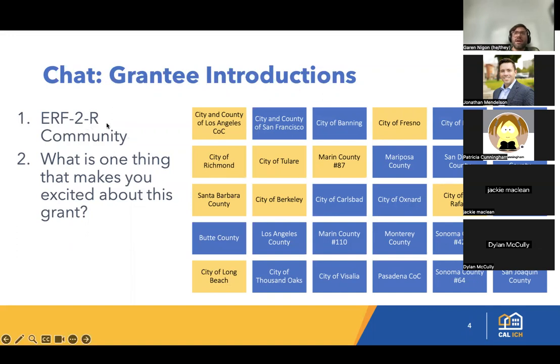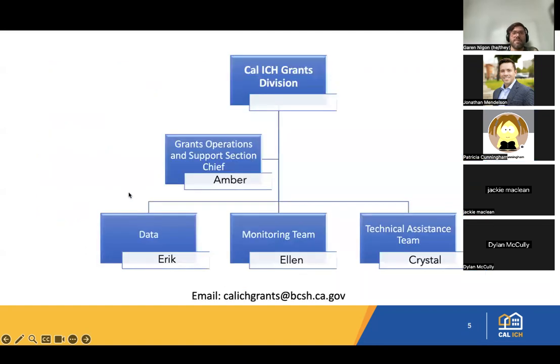Also in yellow, we are thrilled to announce that there are a number of communities that are receiving another round of grant funding through the ERF grant, and those are the folks who are in yellow on the screen here. So welcome back, everyone. Excited to have you back in the mix. We've got chat intros coming through. Thanks so much, everyone. We'll allow those to come through and keep moving.